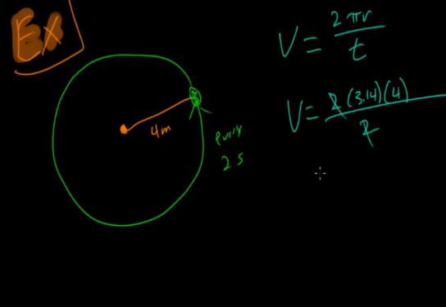So we end up with 4 times 3.14, which is going to be what? 12.56 meters per second. Simple thing.